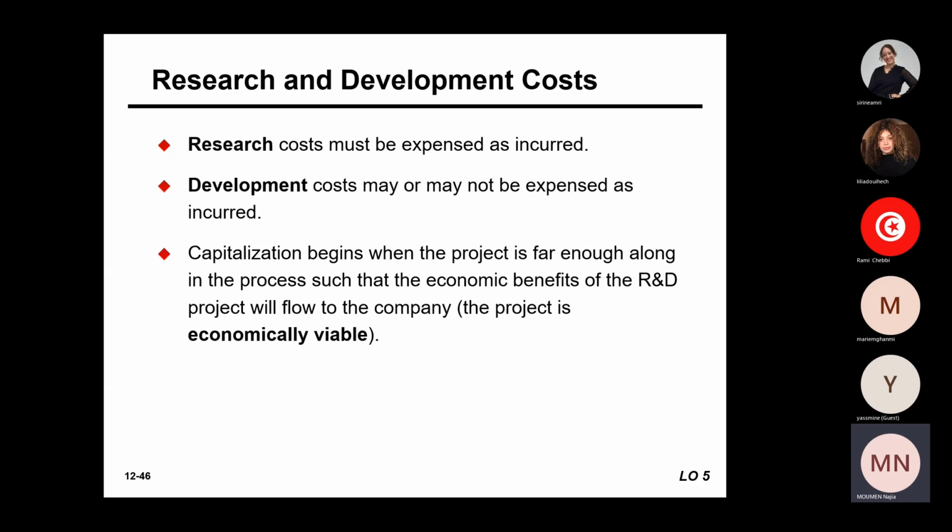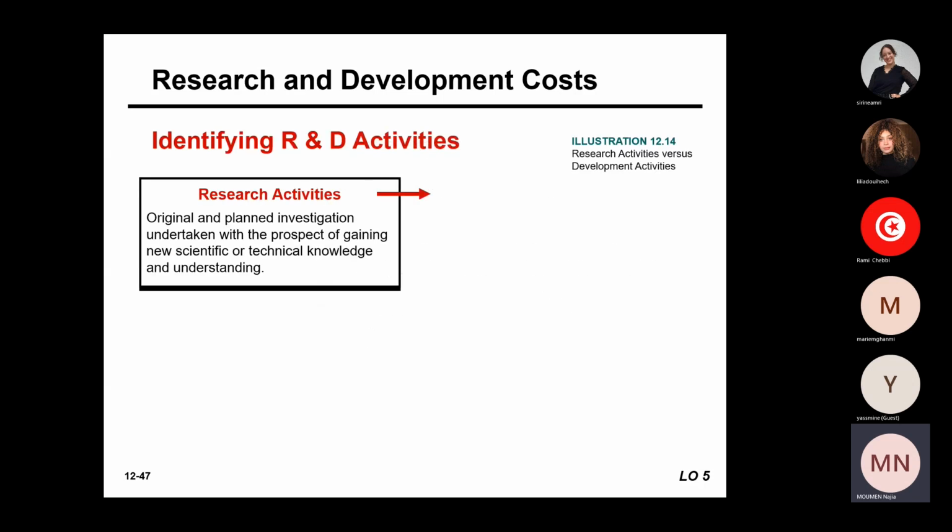We start, for example, having customers, purchase orders, etc. That will make our project economically viable, meaning that I will start generating economic benefit from it. And this is the first time, at this level, that we are permitted to capitalize, meaning to consider all the expenditures that we are incurring as development costs in the asset section.